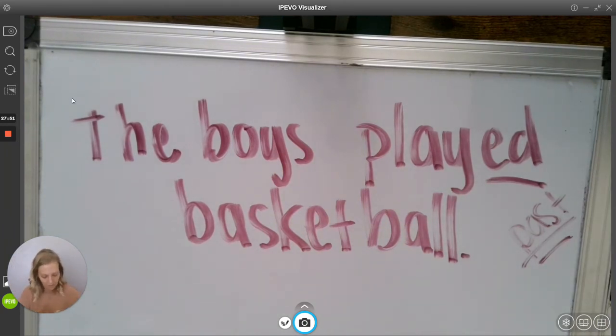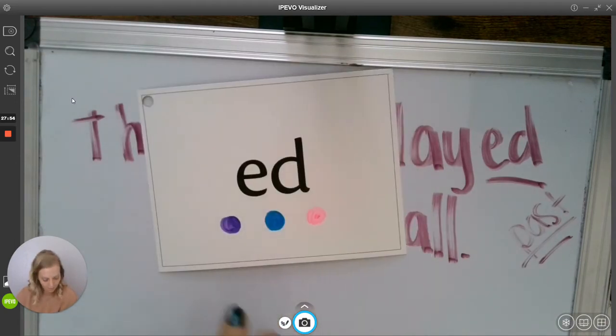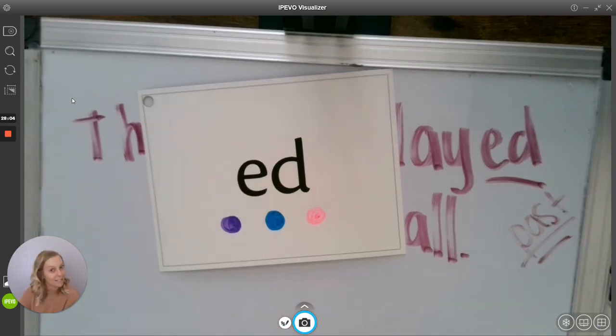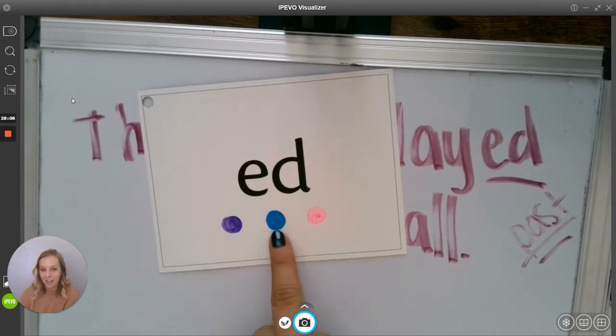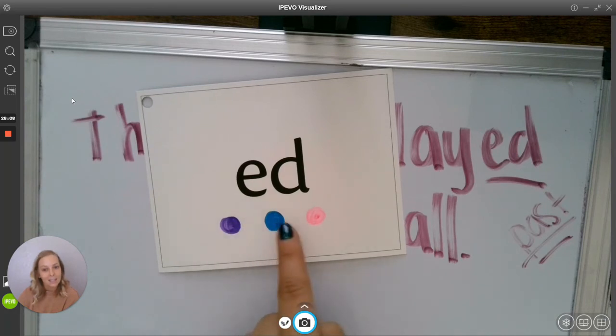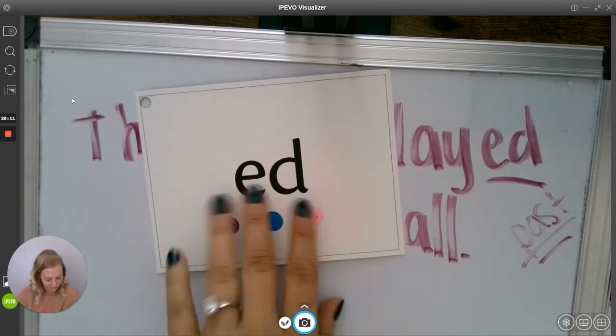So that is why we call this phonogram the past tense ending. This phonogram is only used to make verbs past tense. And remind me again, what does this phonogram say? Ed, d, t. Very good.